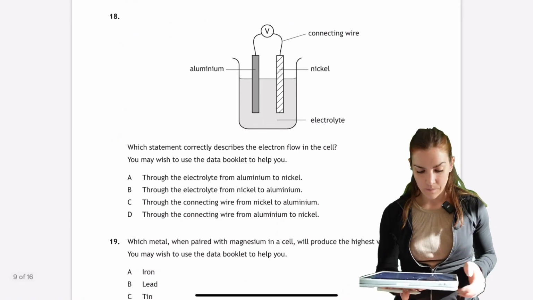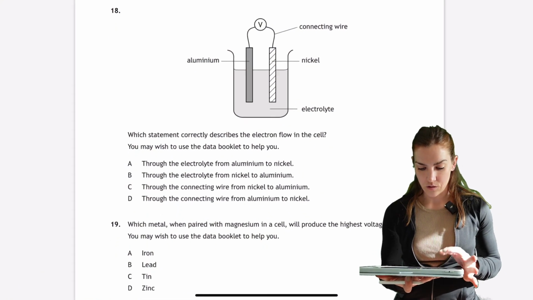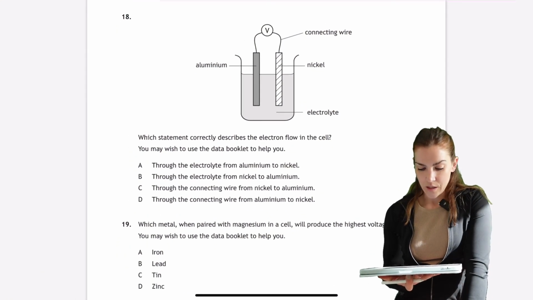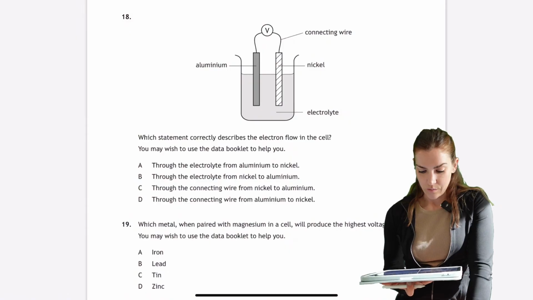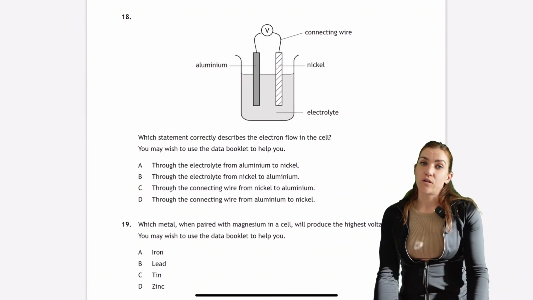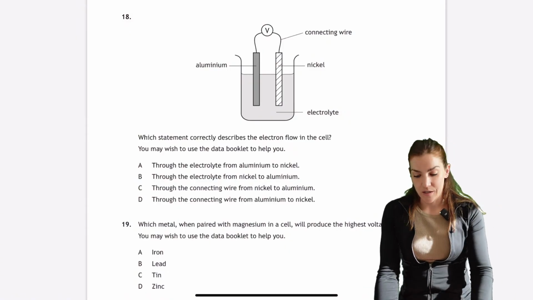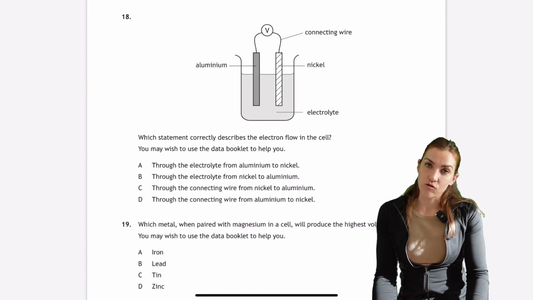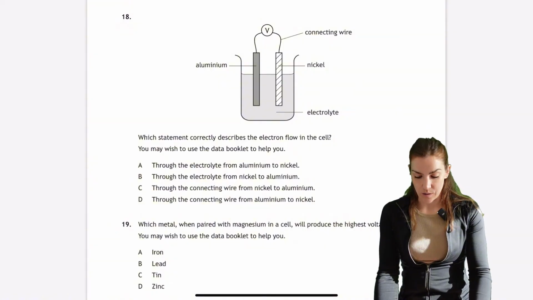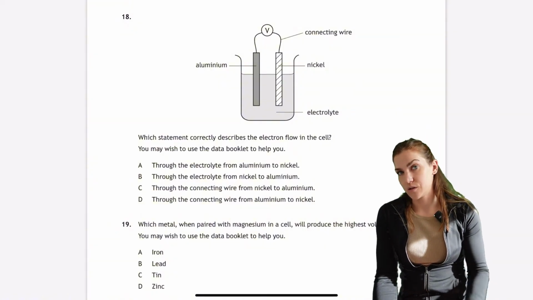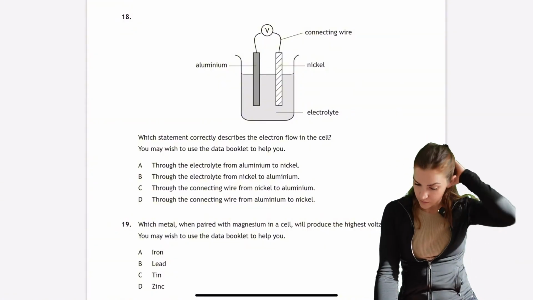Question 18, which statement correctly describes the electron flow in the cell? You may wish to use the data booklet to help you. So firstly, the electrons in cells always go through the wires, never through the solution or anything else. They're calling the solution the electrolyte here, which is the technical term for the ionic solution that allows the conductivity of ions.